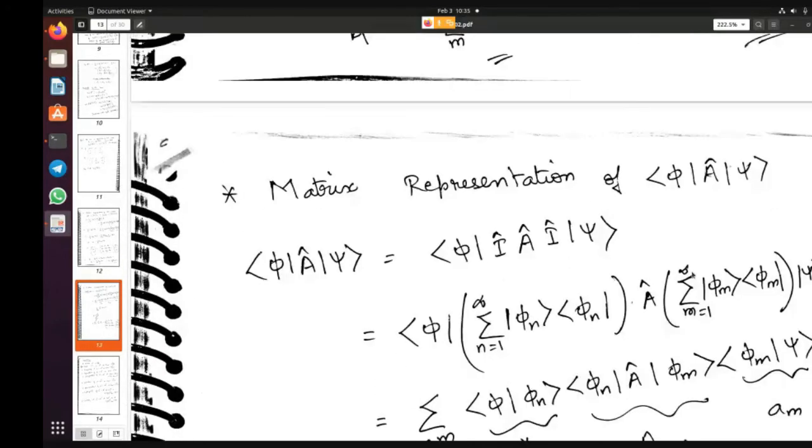Ma'am, whenever we use this identity property, can we use any orthonormal basis, or will it have to be somehow related to the operator? No, it need not be related to the operator. It can be any other basis. Later on, we'll see a problem where there are two different operators.